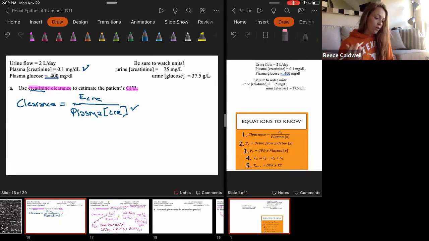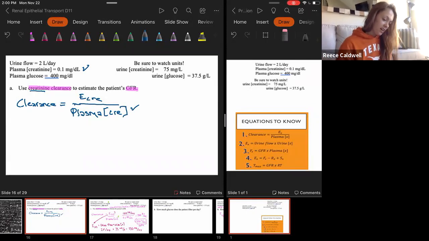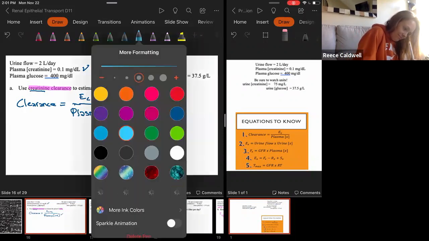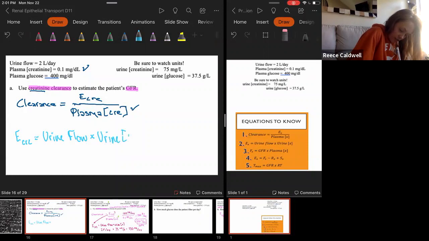So we're going to need to use another equation to be able to solve. So we have two equations for excretion rate, number 2 and number 4. However, if you compare the values that are given to those two equations, the second equation, number 2, would be the best to use. So that equation is excretion rate of creatinine equals urine flow times the urine concentration of creatinine.